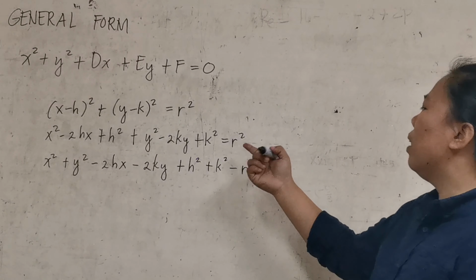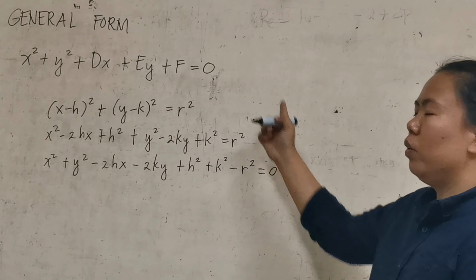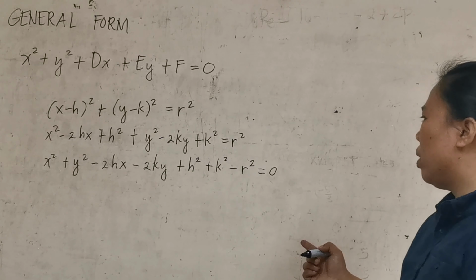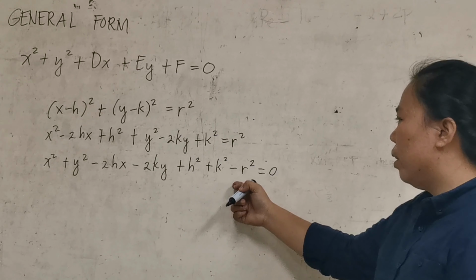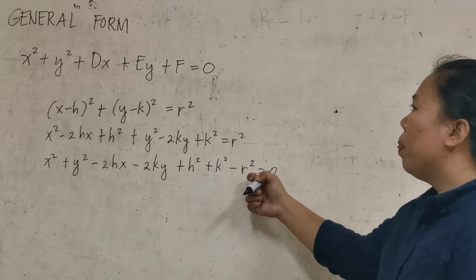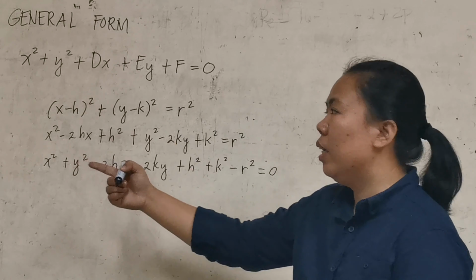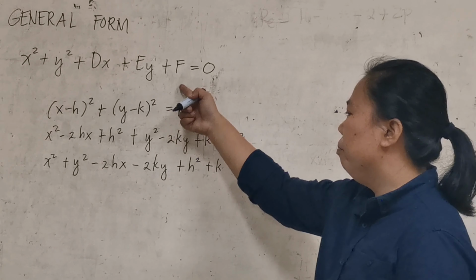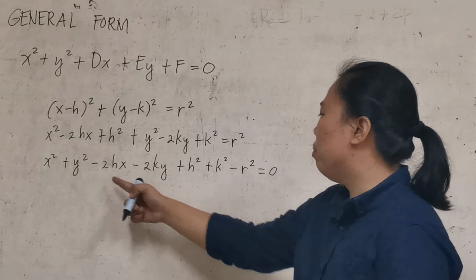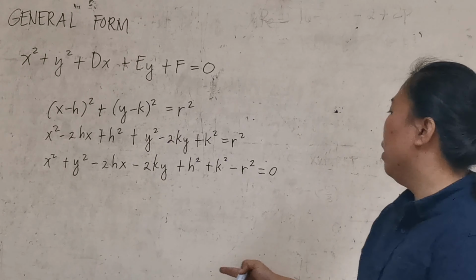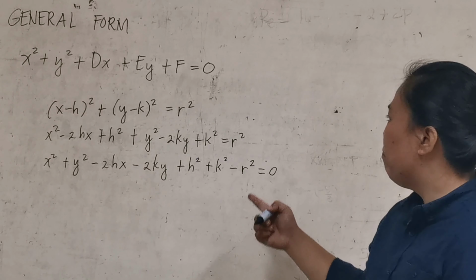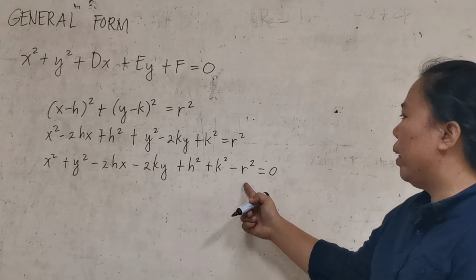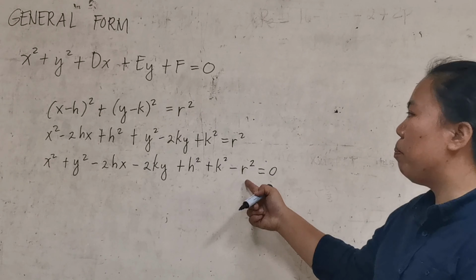So we transpose r squared to the other side of the equation. That is why we have a negative r squared. Then to simplify the equation, they use d, e, and f as substitutes for negative 2h, negative 2k, and h squared plus k squared minus r squared to simplify.